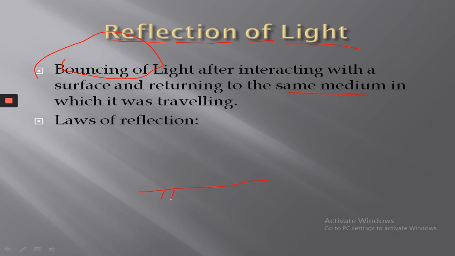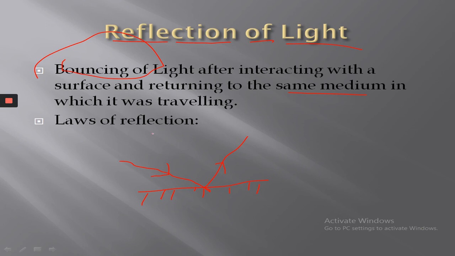Let me draw one surface. All of you know what the shaded part represents. Light falls on this medium and then it travels back in the same medium. So this phenomenon is known as reflection of light.